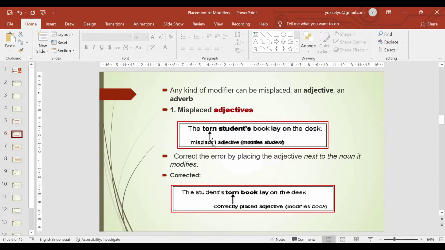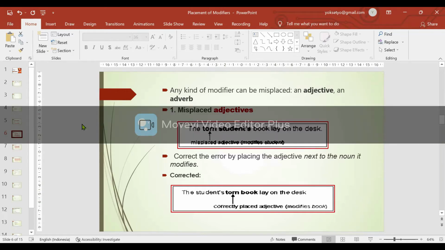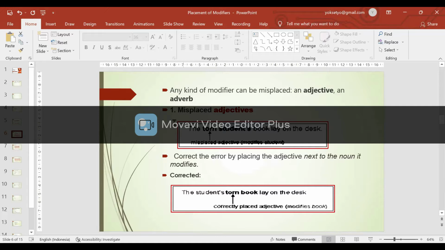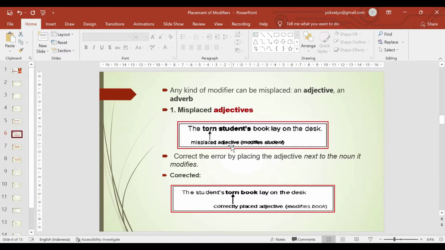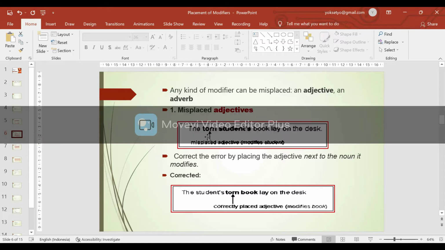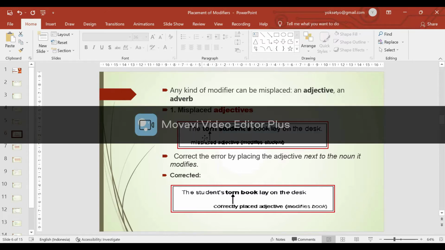Any kind of modifier can be misplaced. It can be an adjective, it can be an adverb. Let's see the examples of misplaced adjective. The torn student's book lay on the desk. So there is a kind of misplaced adjective, because the word torn here, like what we have in the previous slide, modifies student, right?